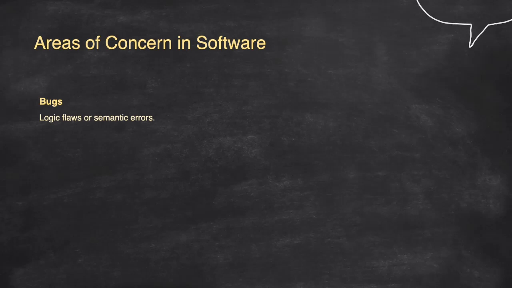On the other hand, semantic errors happen when the code's meaning or behavior is misunderstood by the programmer, causing the program to perform tasks in a way that was not intended. Both types of bugs can lead to malfunctions, crashes, or unexpected behavior, which is why debugging and testing are a crucial part of the software development process.